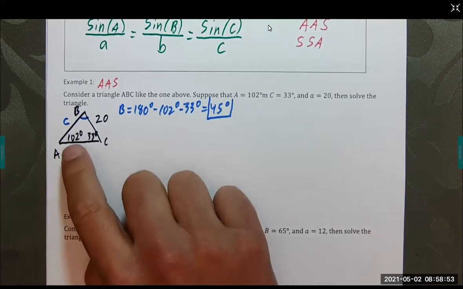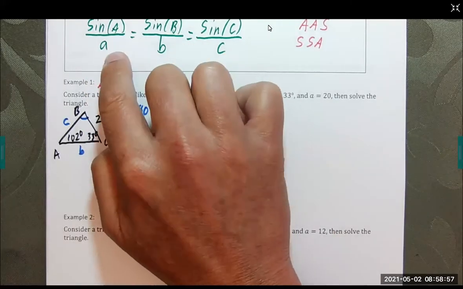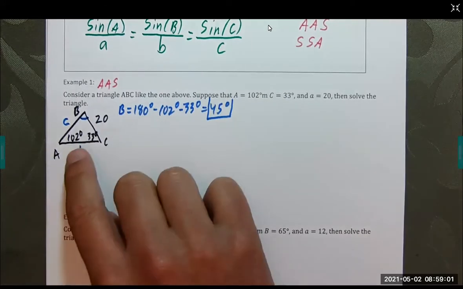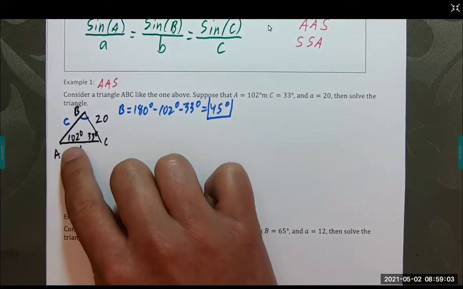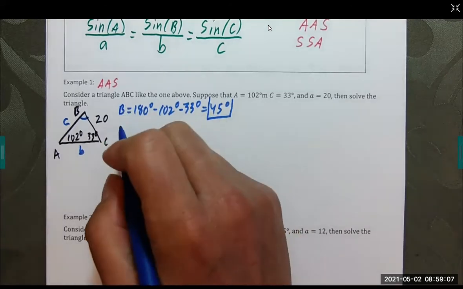Now that I know that, I can actually do the law of sines. What I need with the law of sines, of course, is a known angle with its known opposite side, which we have with A here. We have the angle 102 and the opposite side of 20. That's going to be my base, as it were.